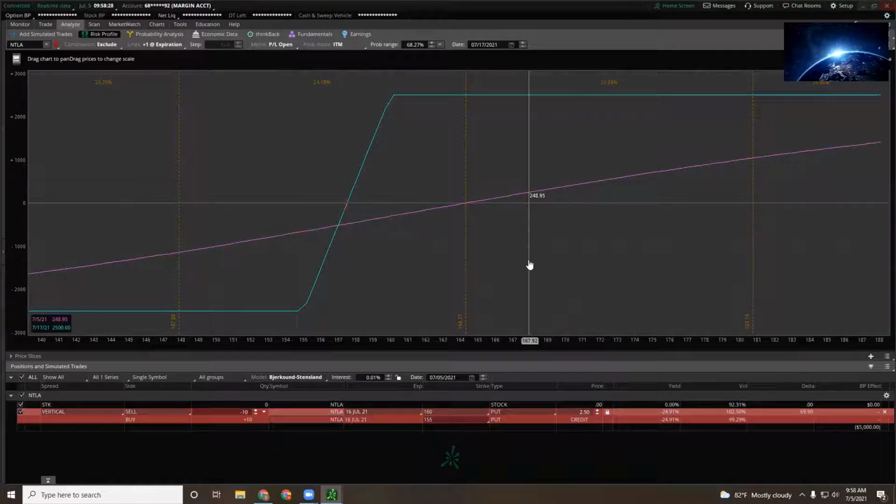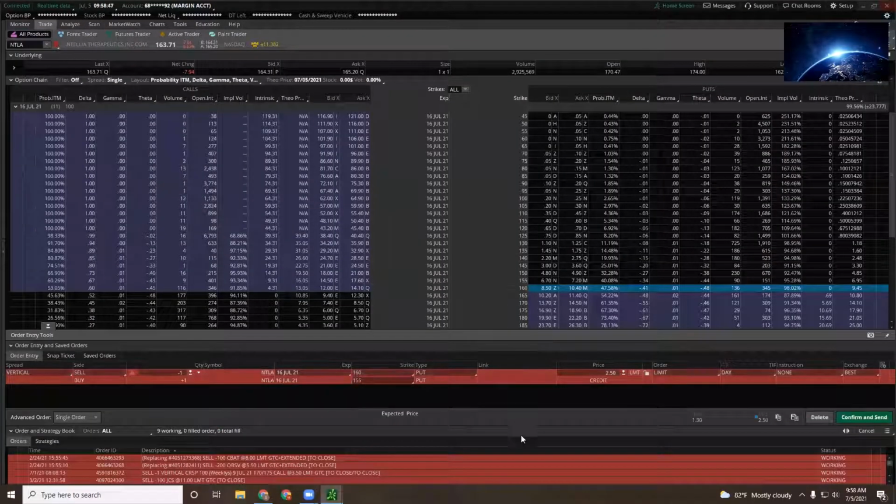So that is how to trade one way to trade an expensive contract, by selling a bull put spread. Somebody might ask, quickly, what about closing? I never really wait till expiration to close a bull put spread.